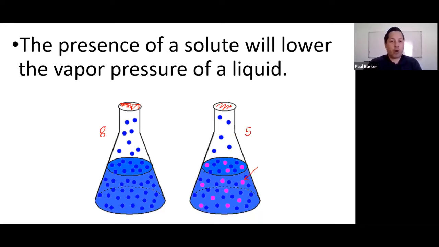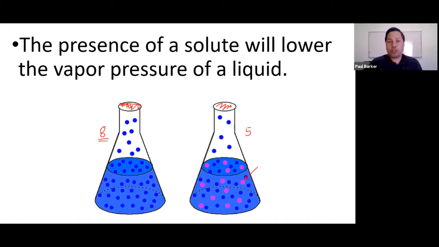Why do we have fewer water molecules when there's a solute present? Because the water will attach itself to the solute molecules through the process of solvation. Since the water molecules are attached to solute, they're unable to evaporate and go to the gas phase. So there are fewer water molecules in the gas phase. What does that do to the pressure? On the left-hand side, when we have just pure water, we have more molecules, and more molecules represent more collisions of those gas molecules against the walls of the container.